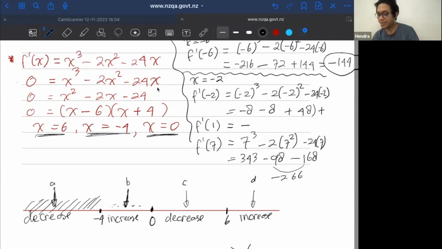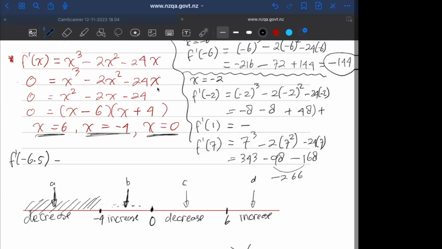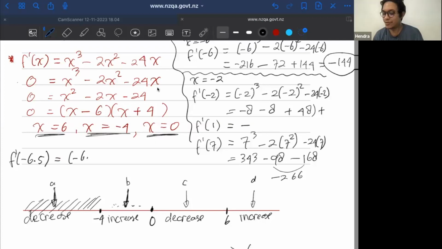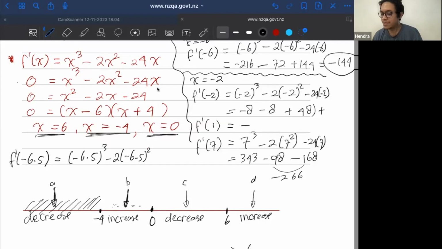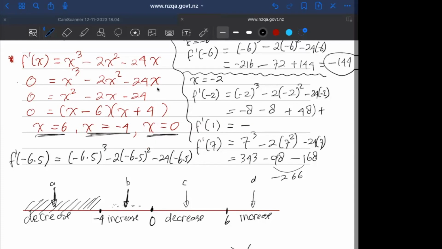Okay, use your calculator. f prime of negative 6.5: negative 6.5 cubed minus 2 times negative 6.5 squared minus 24 times negative 6.5. You should get a negative. It doesn't matter what number, as long as it's a negative number.